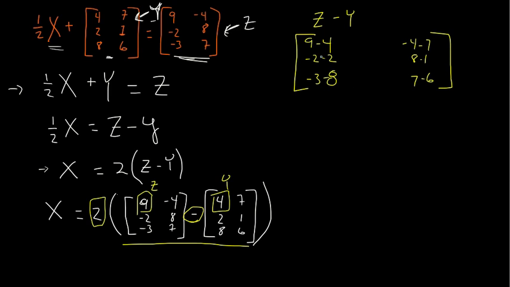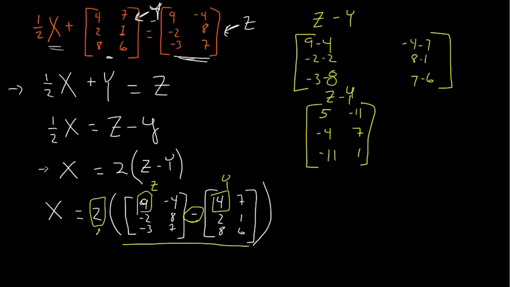So this becomes 9 minus 4 is 5. -2 minus 2 is -4. -3 minus 8 is -11. -4 minus 7 is -11. -8 minus 1 is -9. 7 minus 6 is 1. So this is our new z minus y matrix.